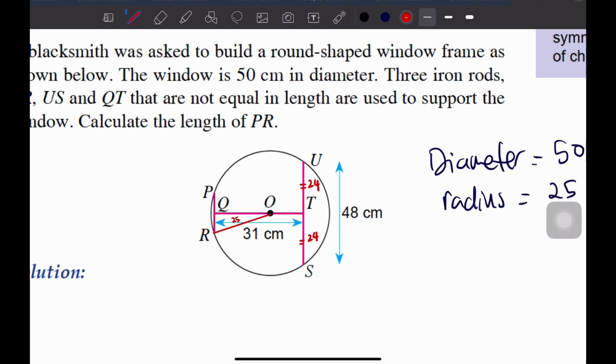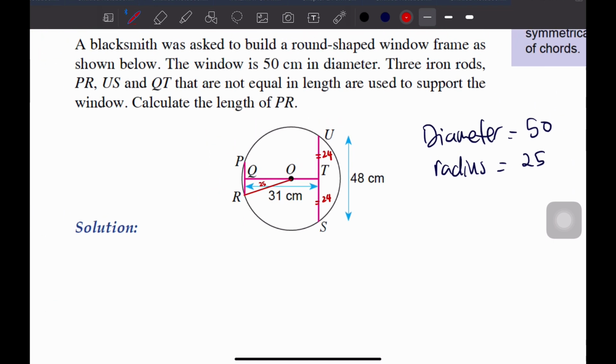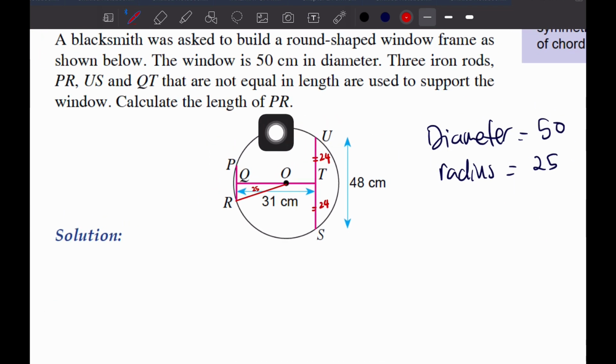What else can I get? I think that's all. Now the question asks us to find PR.